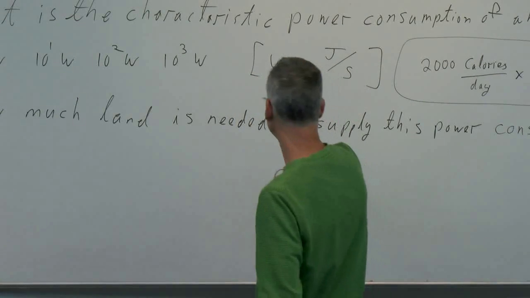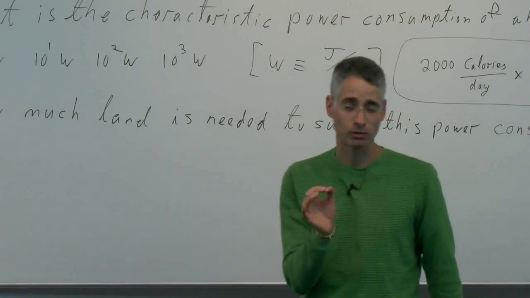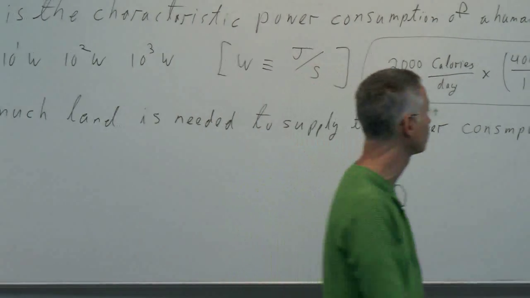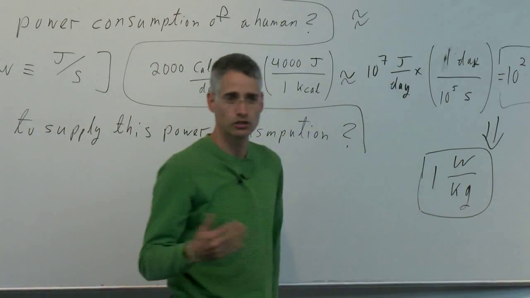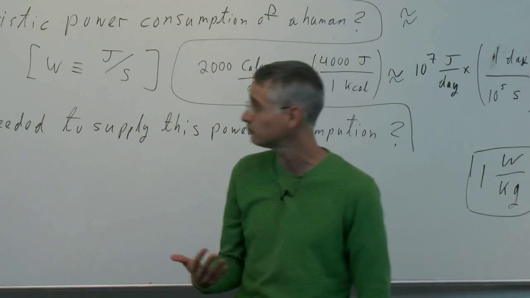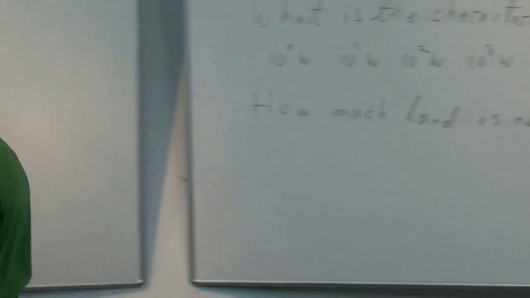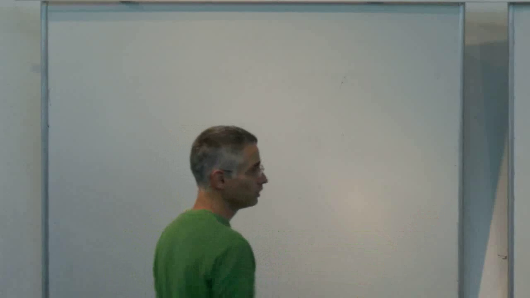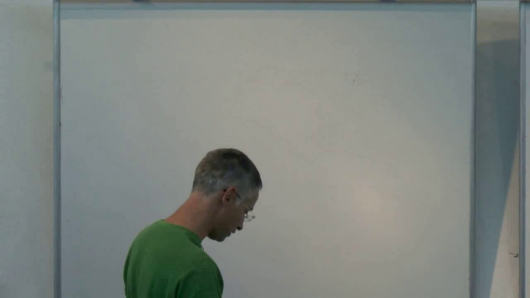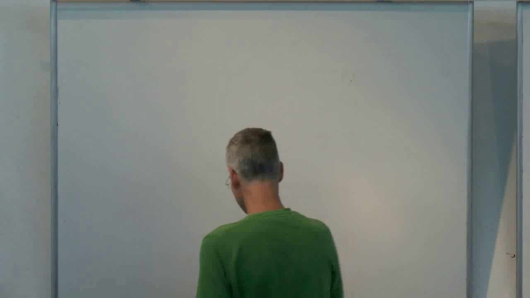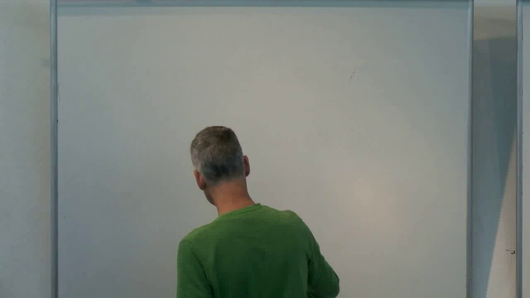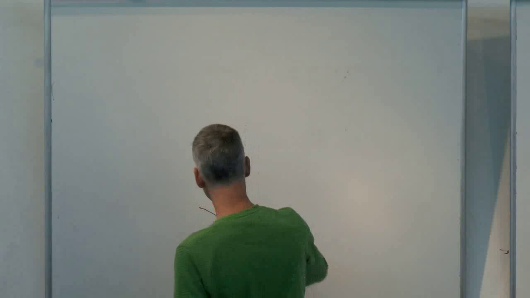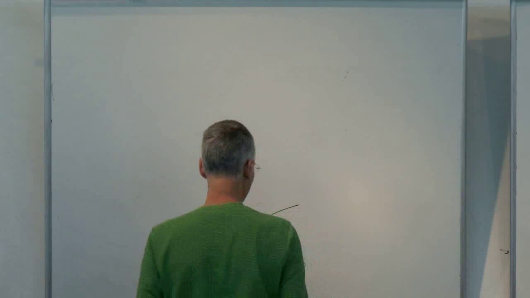The way I want to approach it is first to have a strategy, because some questions you can just jump in and solve, like what we did here. For other questions, it's good to have a tactic. What is the end that we're after? That would be how much area is needed, the punchline. What do I need in order to get the area needed?